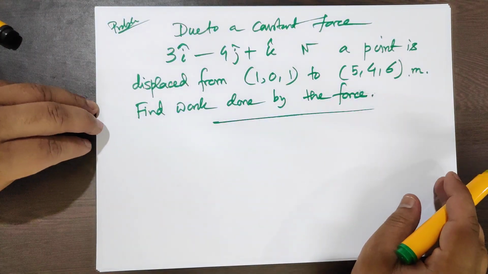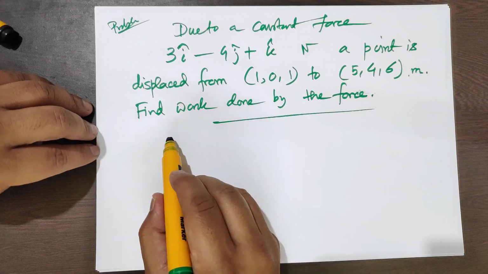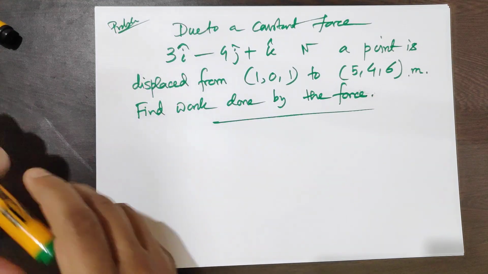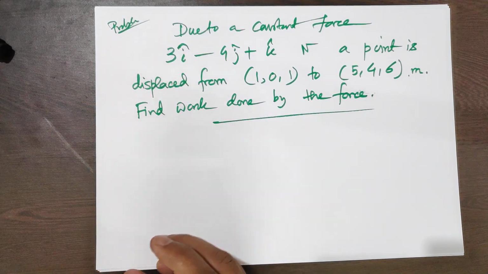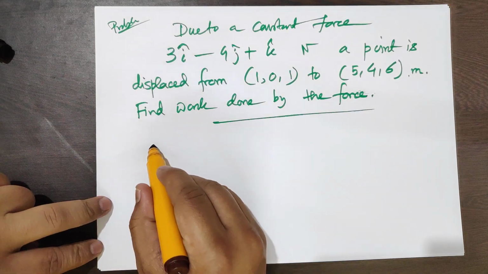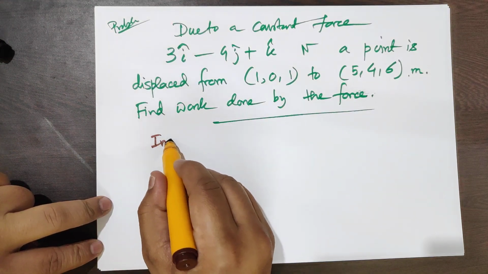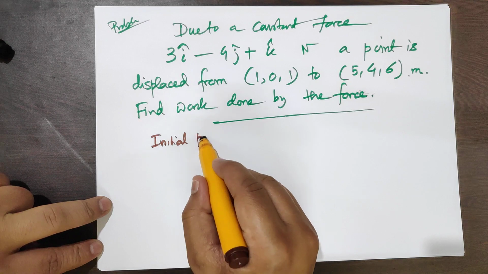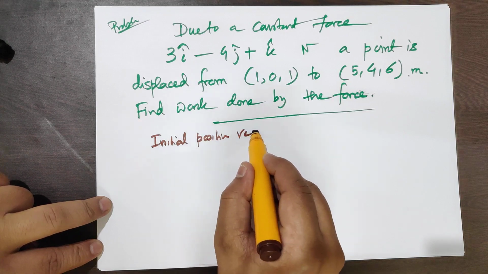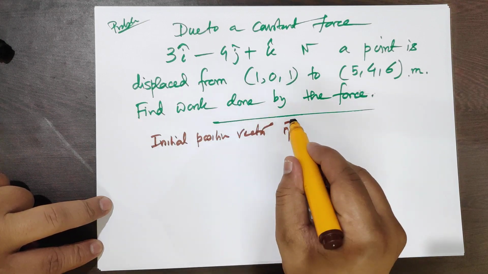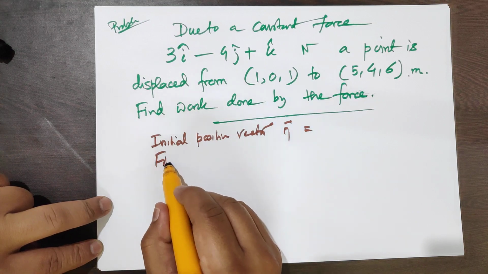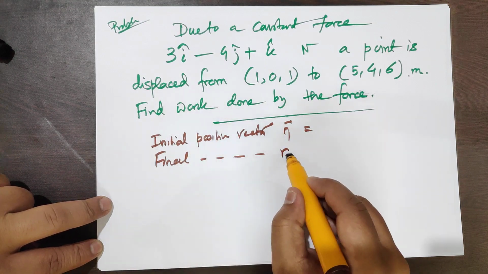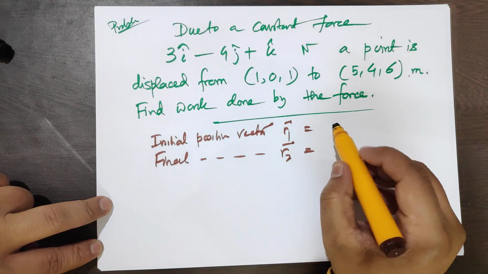Okay, so you have to find the displacement vector. So the initial position vector r1 and the final position vector r2, you have to know in terms of coordinates.